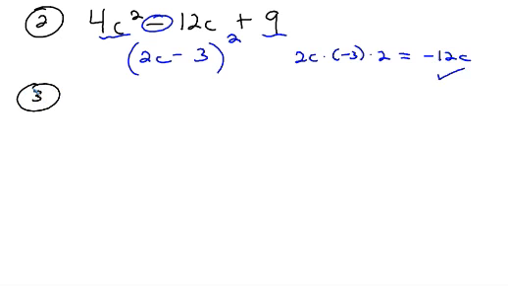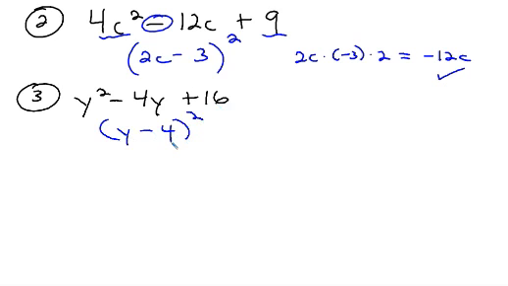Let's look at this next problem. y squared minus 4y plus 16. So I set up my binomial squared. It looks to me like it's going to be y minus 4. But let's check the middle term.